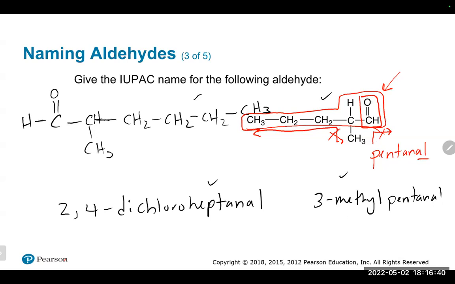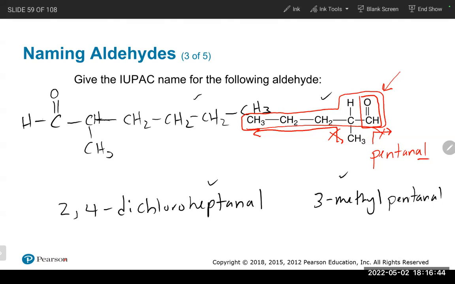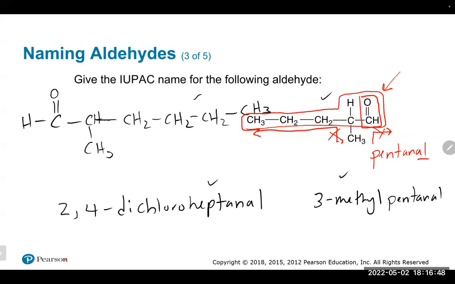Once again, we do not have to give the location of that carbon oxygen double bond, but for the purposes of numbering, it is going to be carbon number 1 here, which means this would be carbon 2, that would be carbon 3, that would be carbon 4, and that would be carbon 5. And that means that on carbon number 2, we do have a methyl group, and that would get us something like 2-methylpentanal. Any questions on that name there?